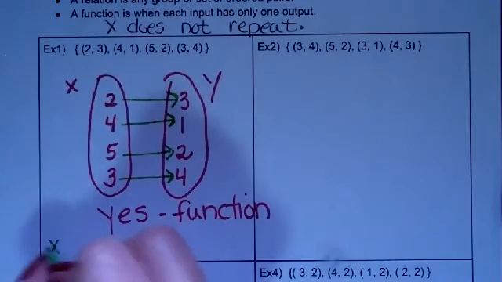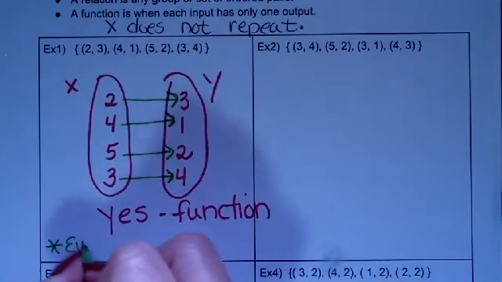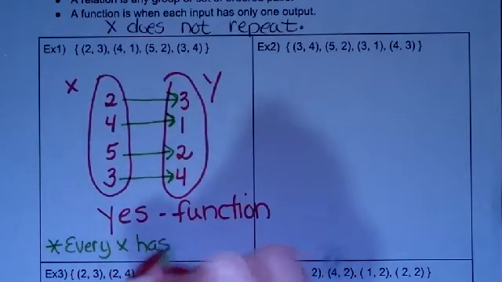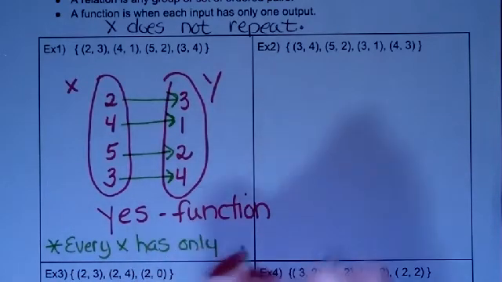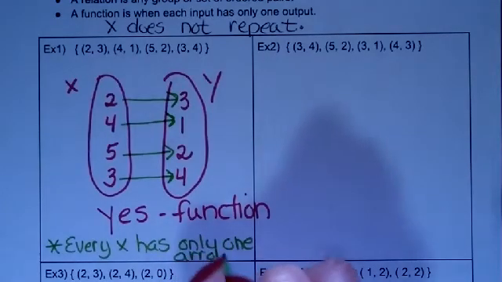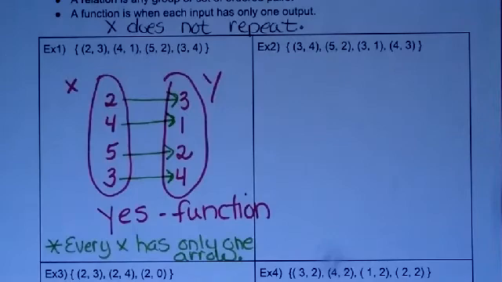So you want to make a little note right here. Every X has only one arrow. Okay, that tells me it is a function.